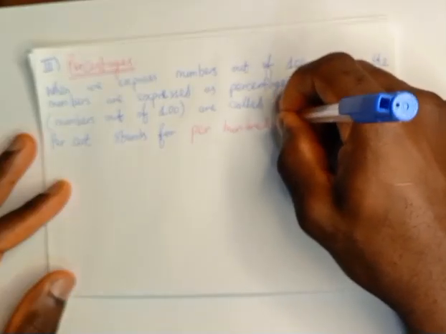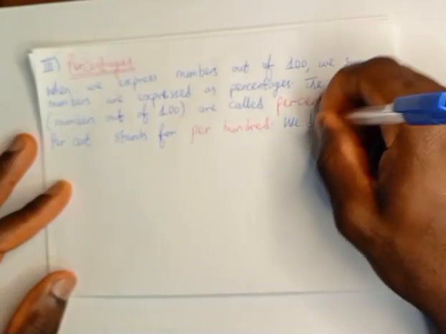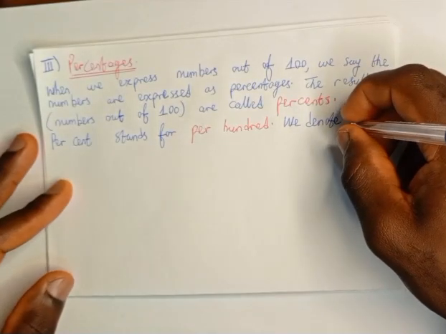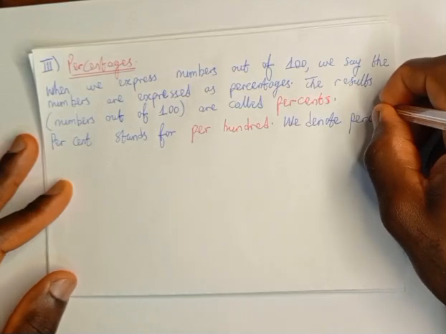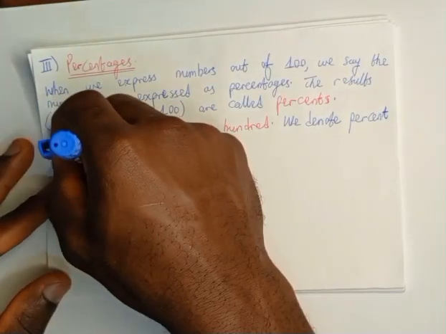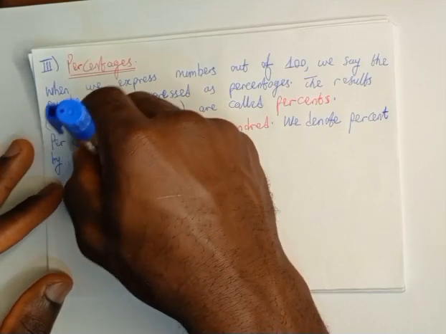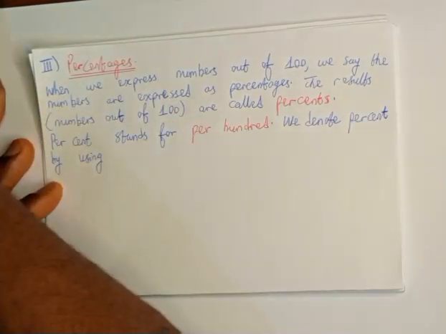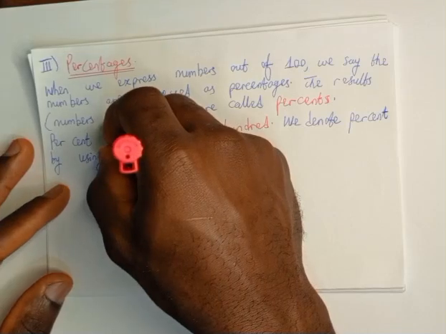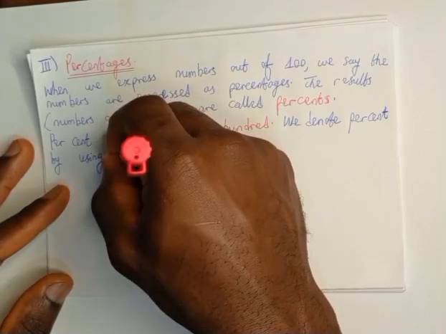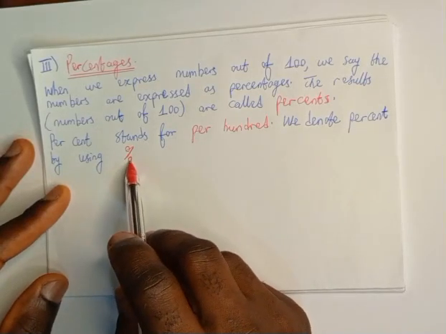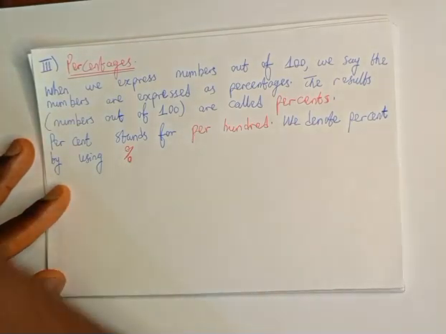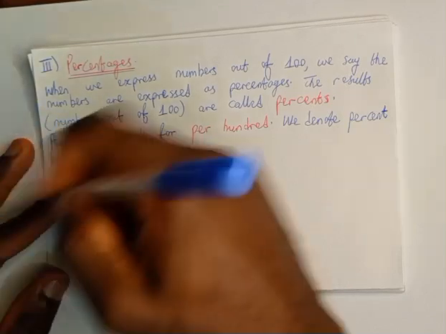We denote percent, that means out of 100, by using this symbol. See, two zeros as such being separated by a slash. It stands for percent.